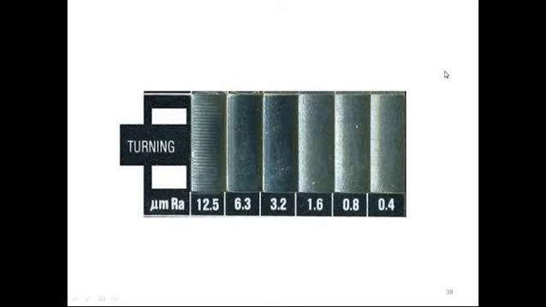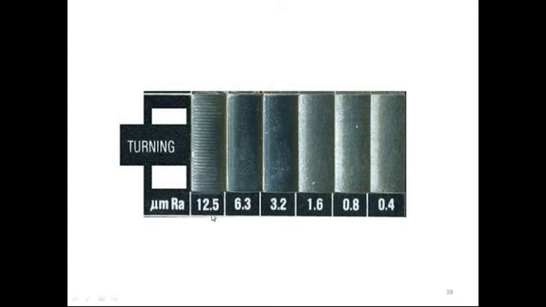Now friends, if you see here, we have shown how the surface looks when we do turning. On the basis of what kind of surface roughness there is, this is how the surface looks. This is the Ra value in micrometers.